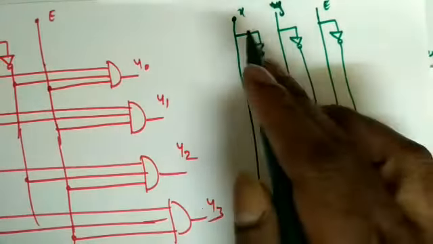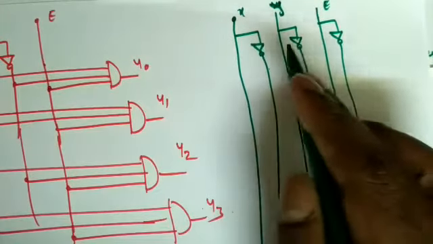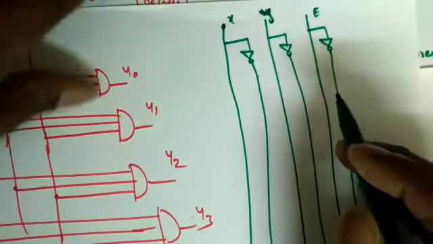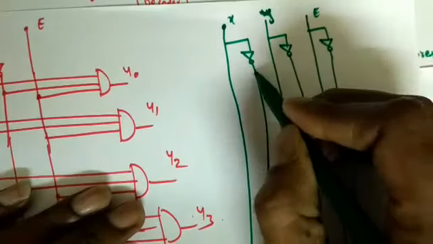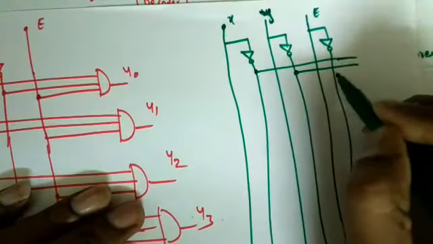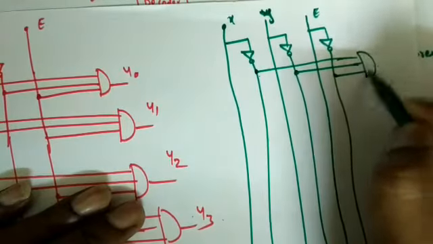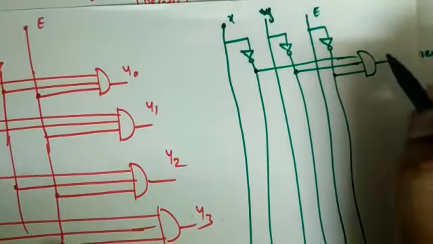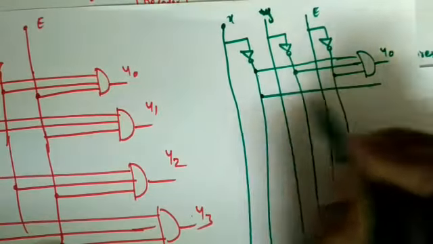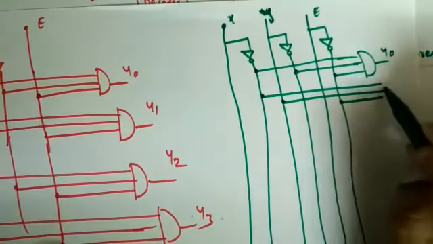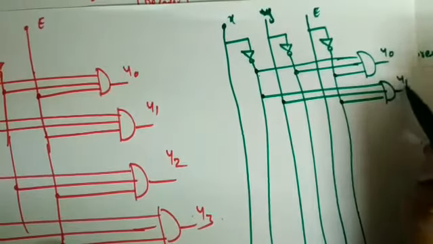I have drawn x, y and e, x bar, y bar and e bar. So what is the logic expression of y0? x bar, y bar into e bar. So this is x bar, y bar and e bar. So what is this? An AND function, an AND gate again. So this is y0. Next one is x bar y. So x bar and this is y but e bar. So this is also an AND function, y1.